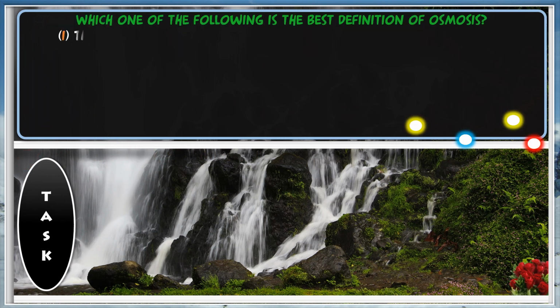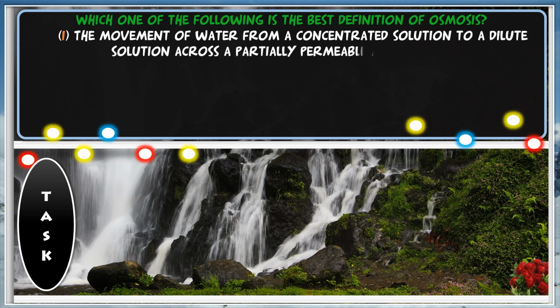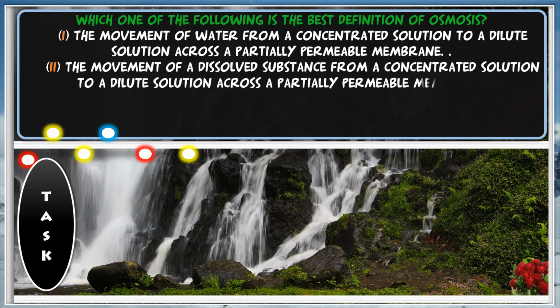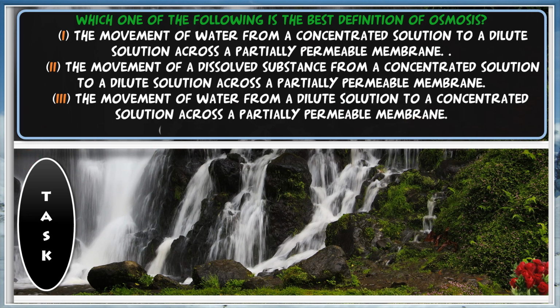Which one of the following is the best definition of osmosis? 1. The movement of water from a concentrated solution to a dilute solution across a partially permeable membrane. 2.